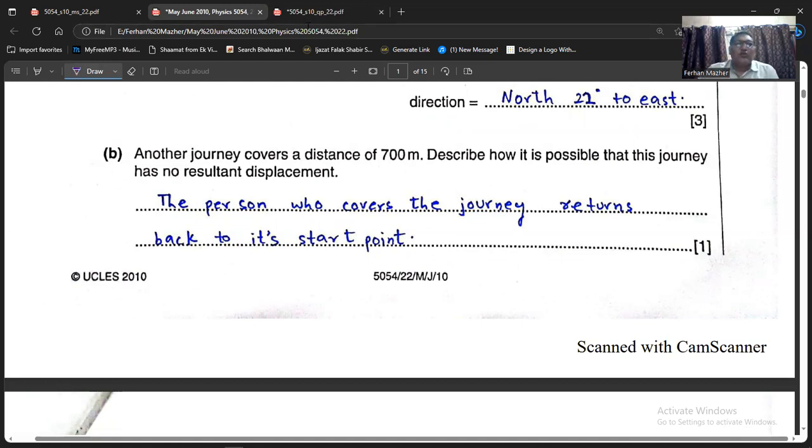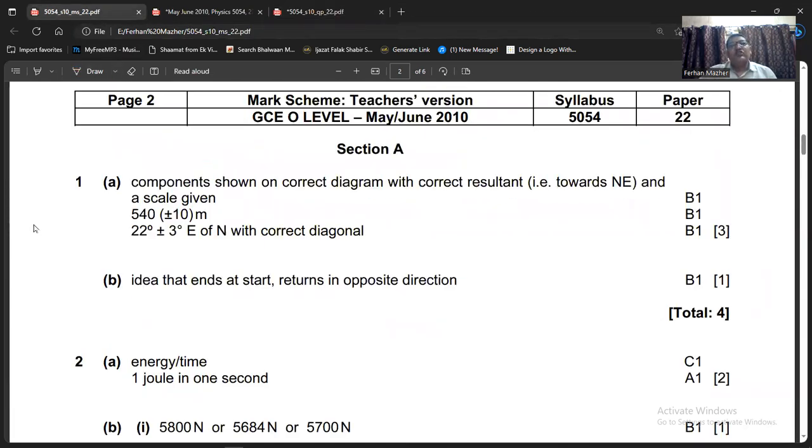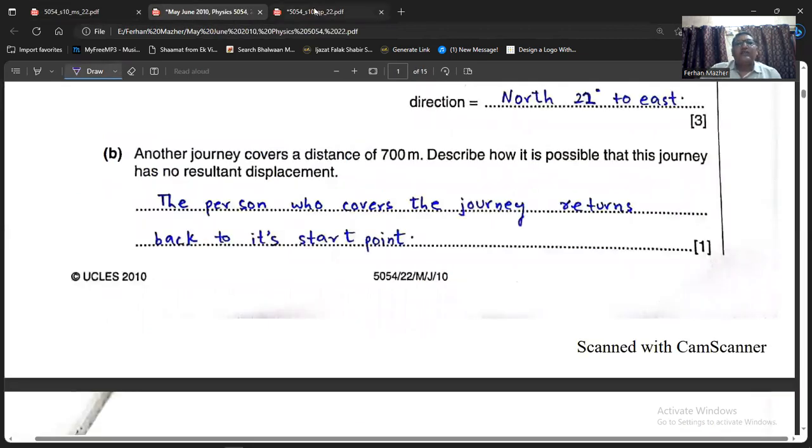You can quote this example also: from point A, you went to point B 350 meters away, and then from point B, you came back to point A. So the total distance traveled will be 700 meters, and your displacement will be 0. So this is the marking scheme. We are done with question number 1.